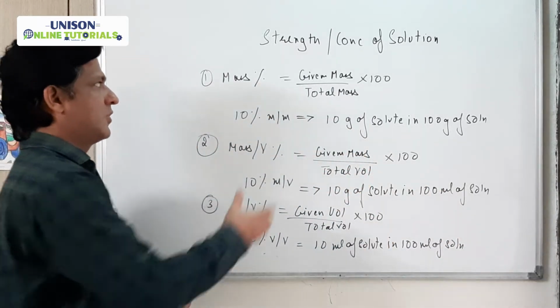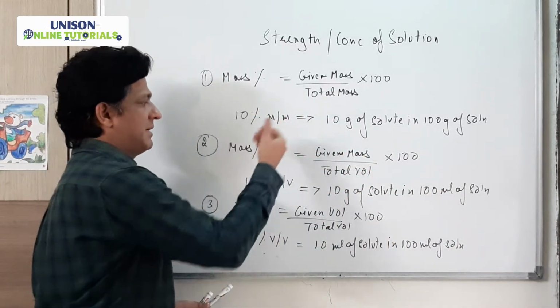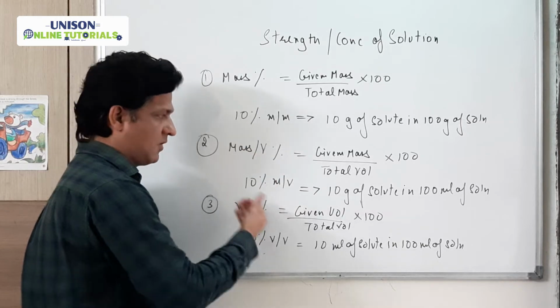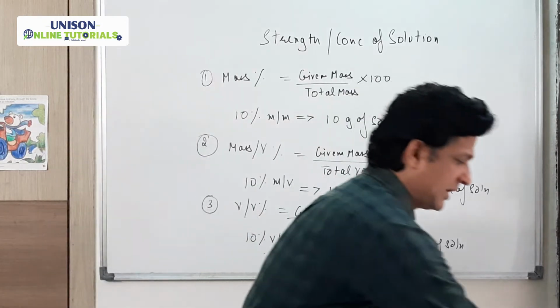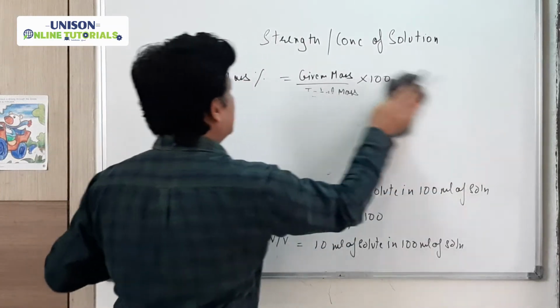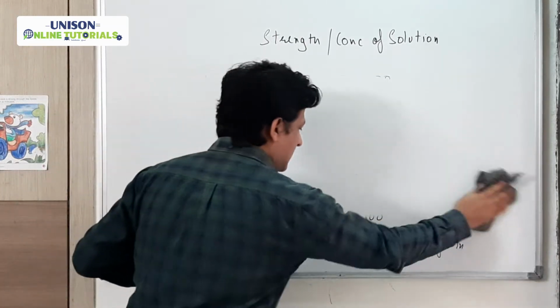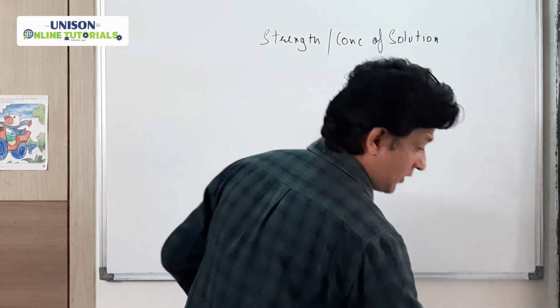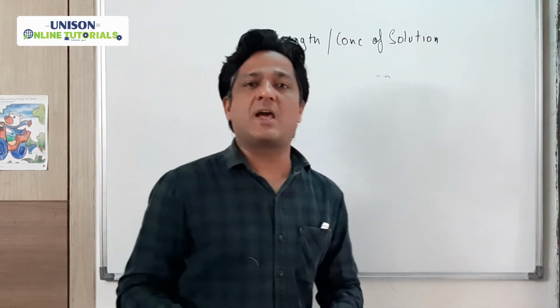So this was your mass percentage, mass by volume percentage, volume by volume percentage. Clear? Our next method to express the concentration or the strength is the most common, that is molarity and molality.